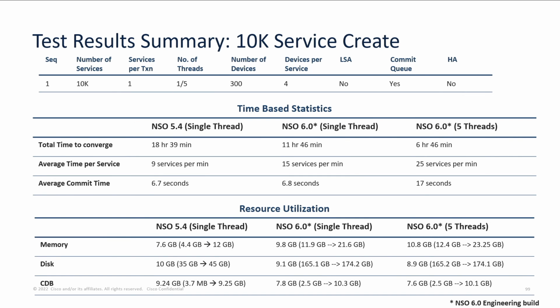And also here we have good improvements.